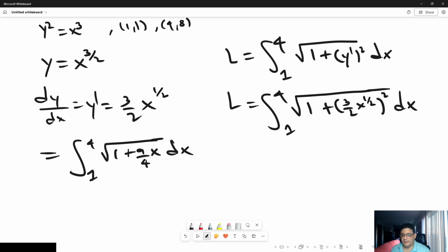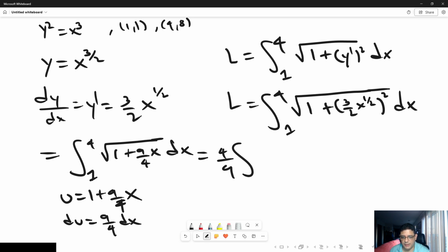This here is a very simple integral with substitution. The substitution is u equals 1 plus 9 over 4 x, and so du is 9 over 4 dx. Replacing this, it's 4 over 9 times the integral of the square root of u du. We're going to forget about the limits of integration for a second, but we'll come back to them.